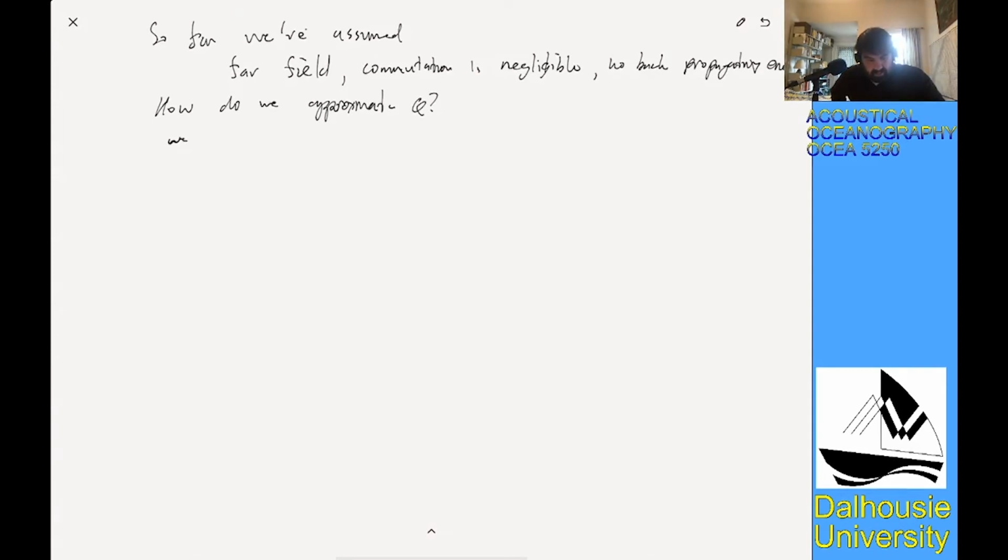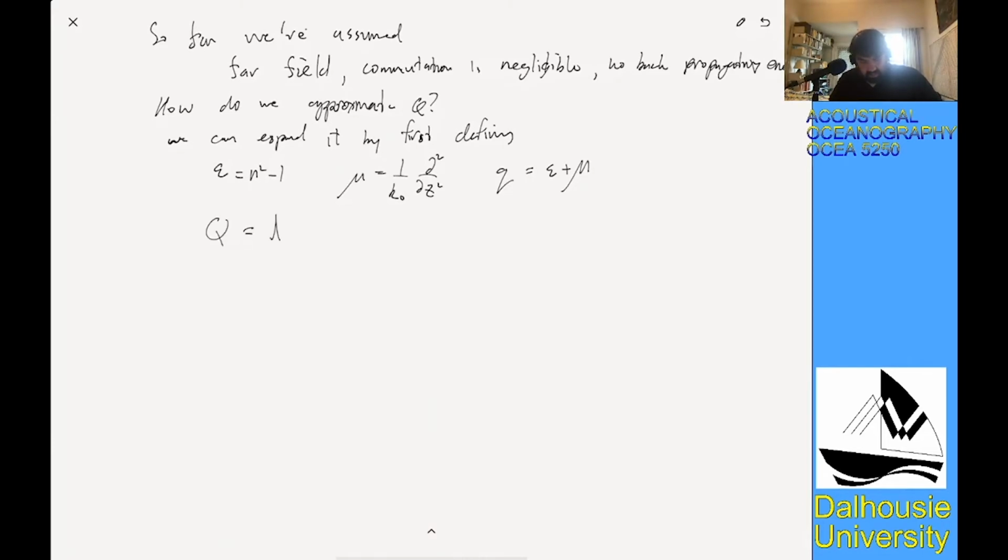So let's expand it by first defining, let's say epsilon is equal to n squared minus 1. Mu is equal to 1 over k naught squared d squared by dz squared, and small q is equal to epsilon plus mu. So big Q is now equal to 1 plus q.